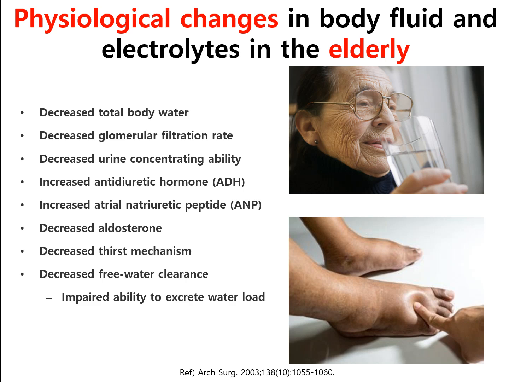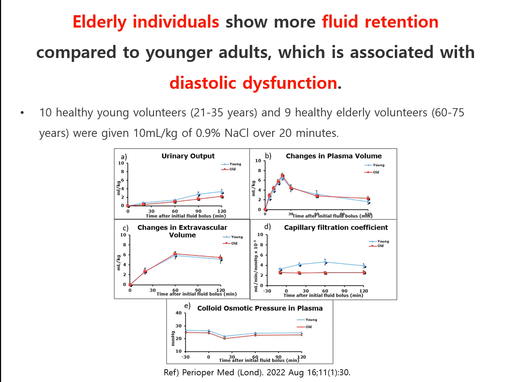They also show increased antidiuretic hormone and increased atrial natriuretic peptide, but decreased aldosterone. Elderly individuals also show more fluid retention compared to younger adults, which is associated with diastolic dysfunction.